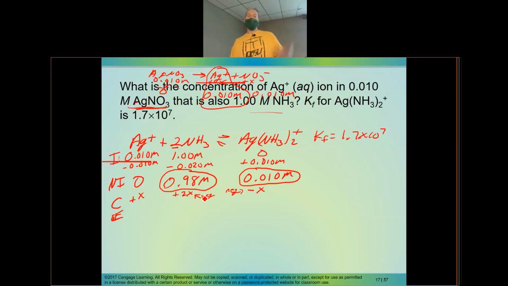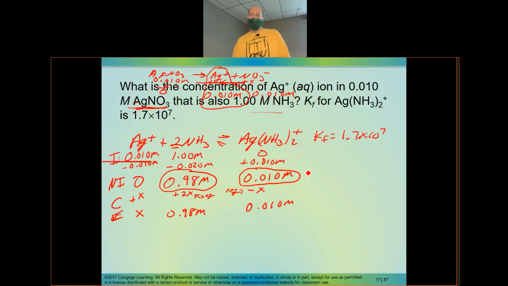Whenever you have a starting concentration of a reactant and a product, then that is also going to be its equilibrium concentration. So 0.98 molar is the equilibrium concentration of NH3, 0.010 molar is the equilibrium concentration of the Ag(NH3)2+, and X is what we are solving for, our equilibrium concentration of Ag+.